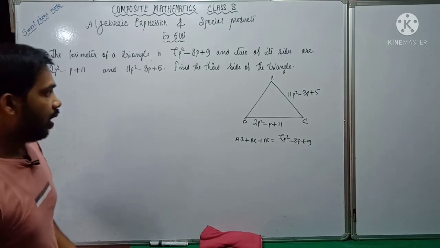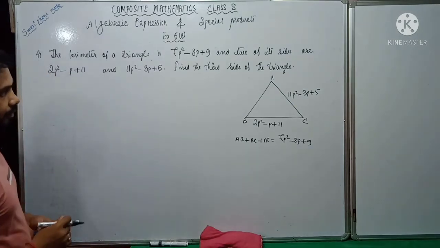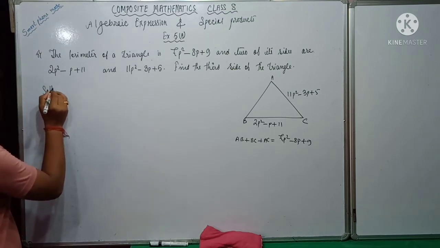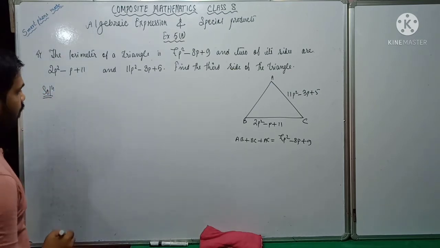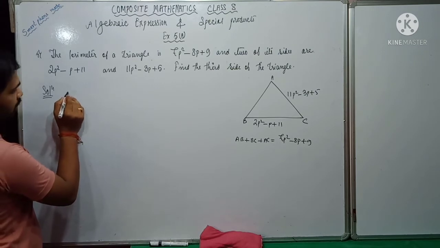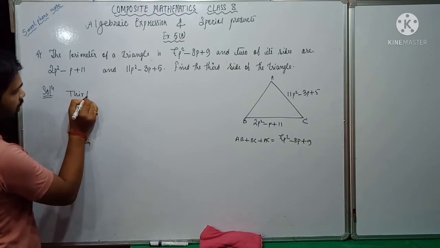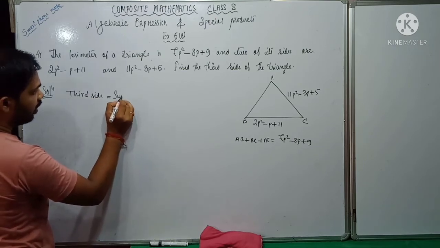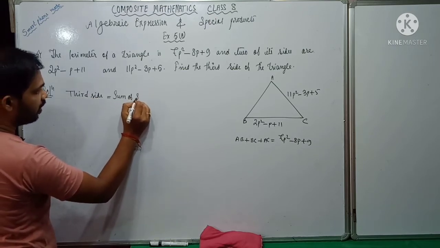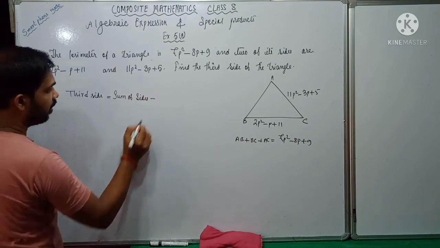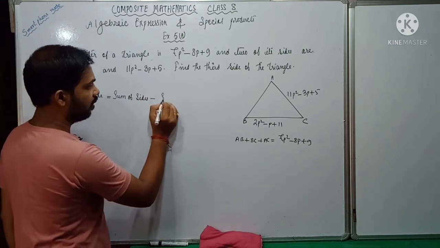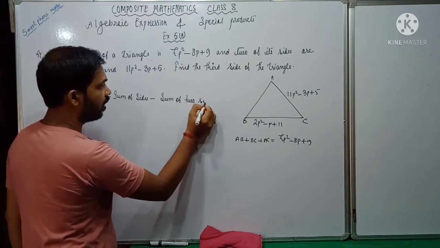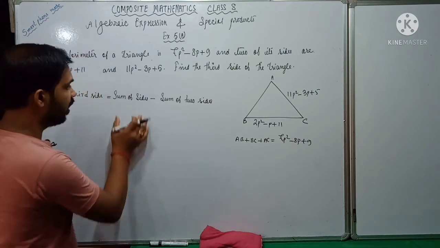Okay, so how will we find it? You see, the third side will be the sum of sides minus the sum of two sides, okay.